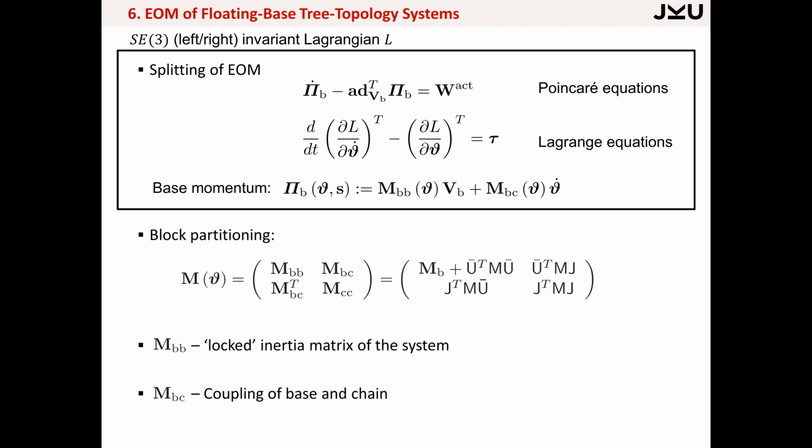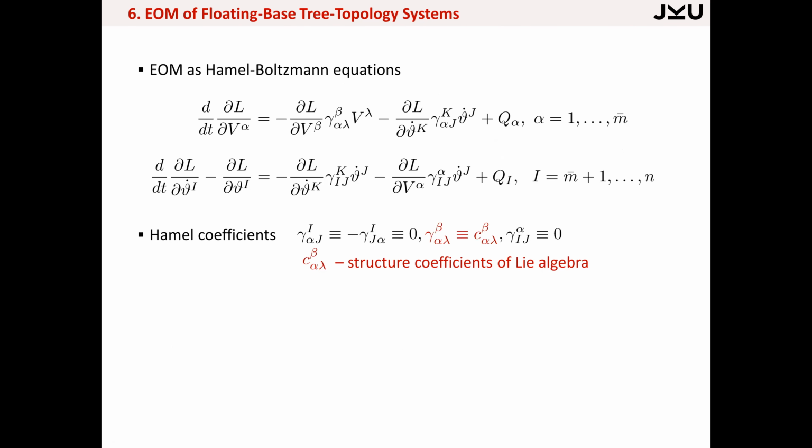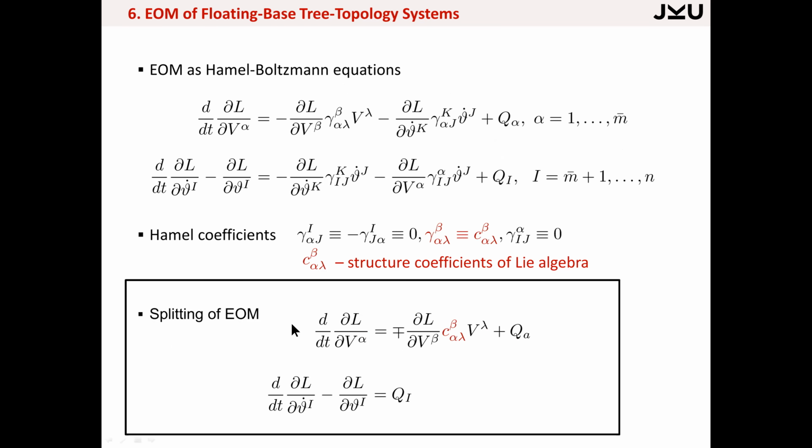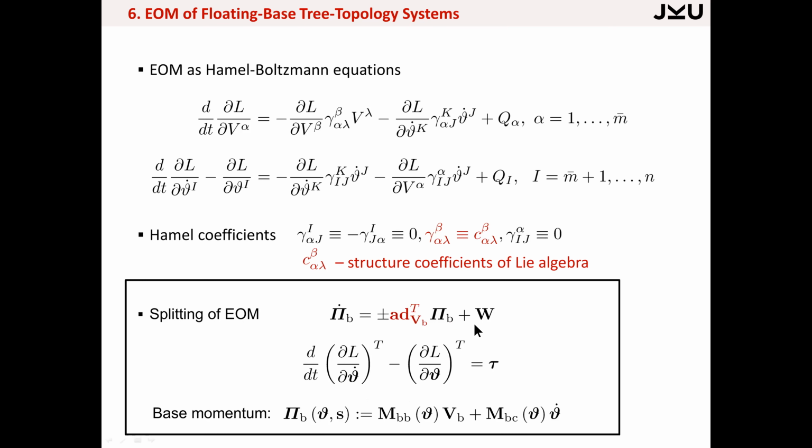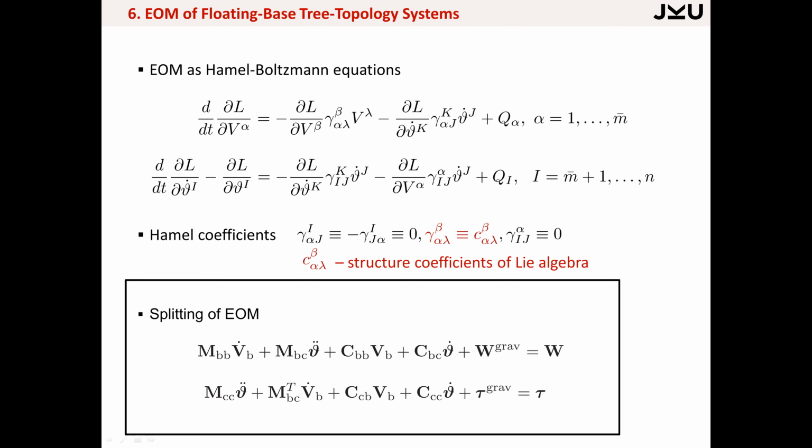Okay, that's fine. There is much more behind it. Maybe we don't have time to go into the detail here, but you can also write this in terms of the structure constants of the Lie algebra, but that's maybe not so important. What is important is the application aspect.